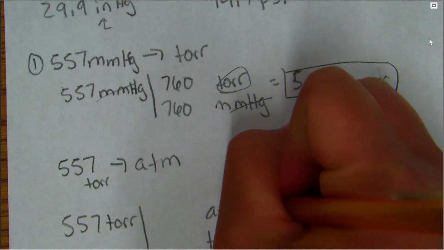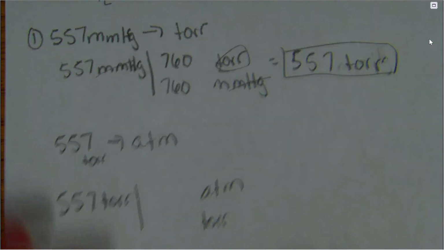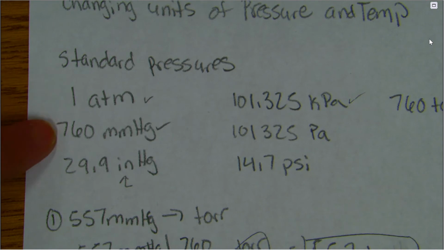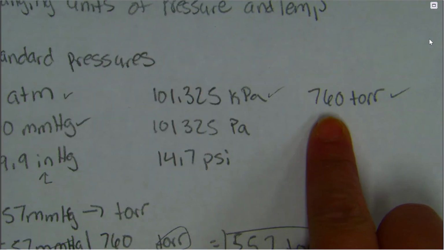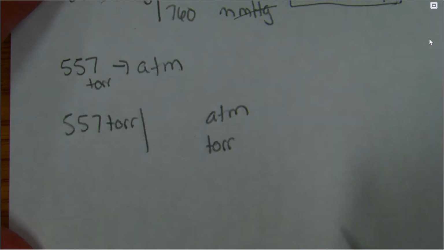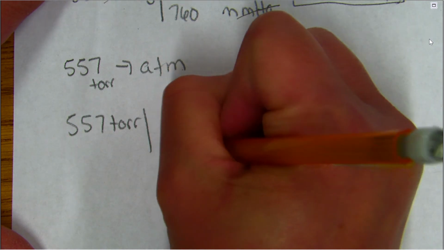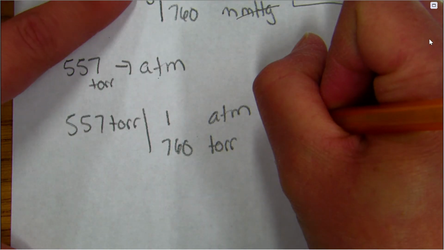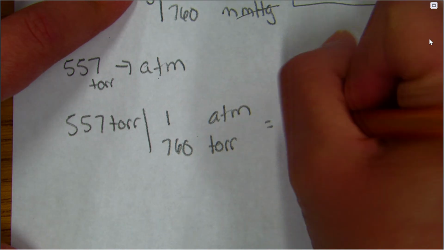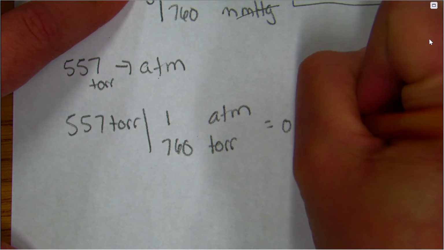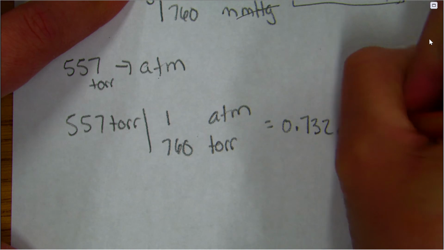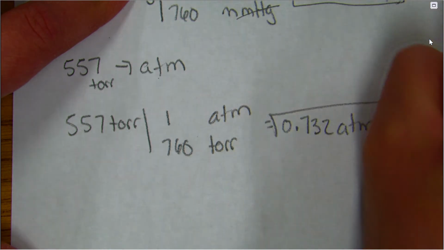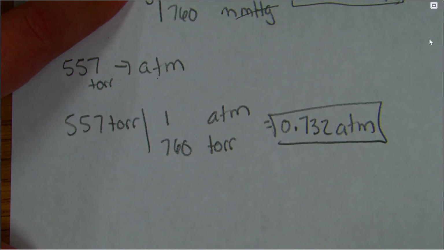I can go direct to atmospheres, where 1 atmosphere is 760 torr. And so that is going to give me 0.732 atmospheres. And again, we're still sticking with our rule of 3 here.